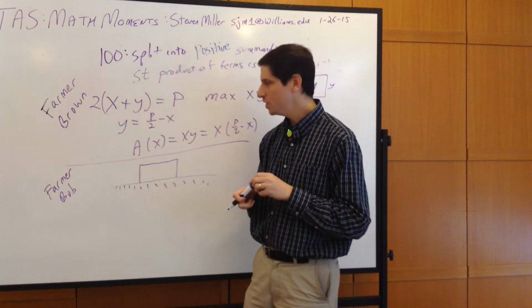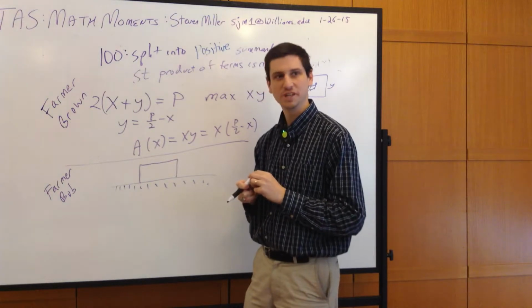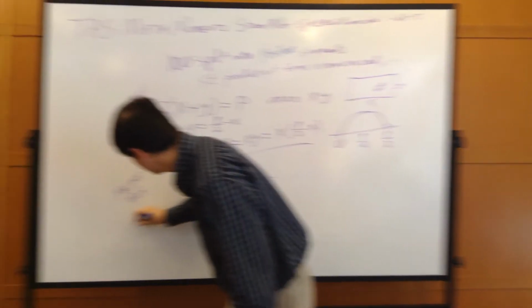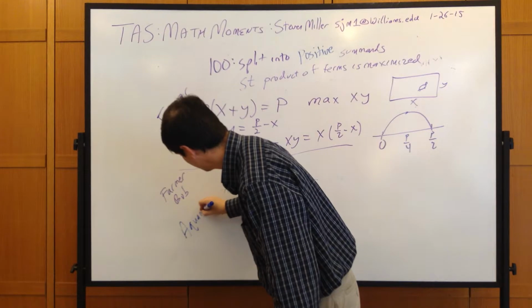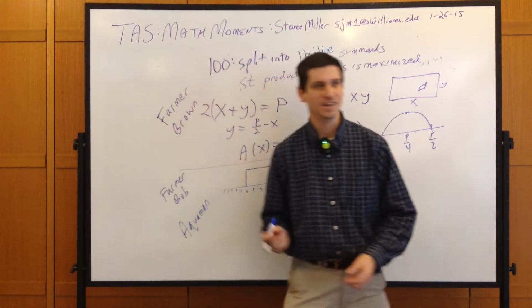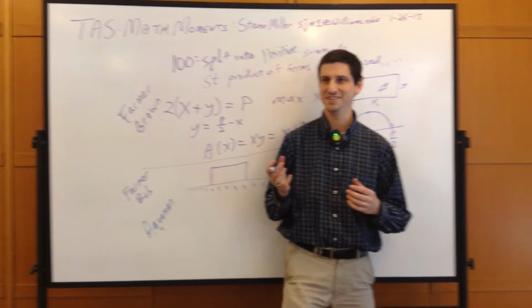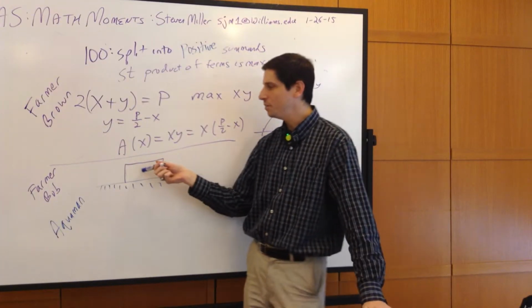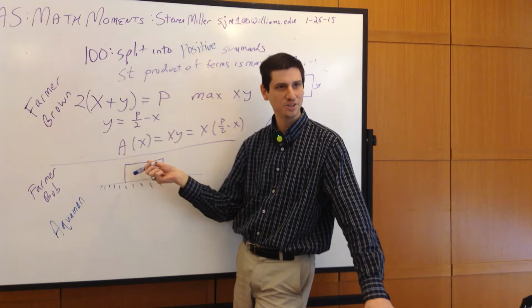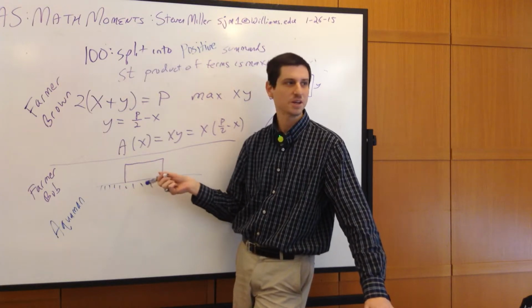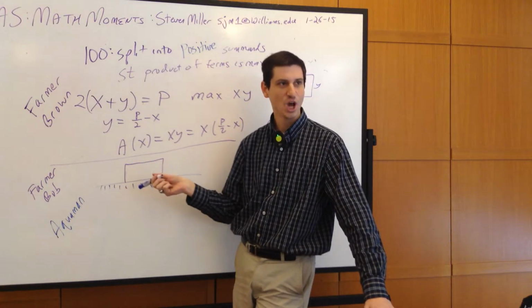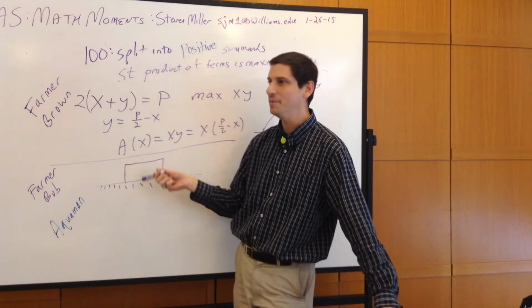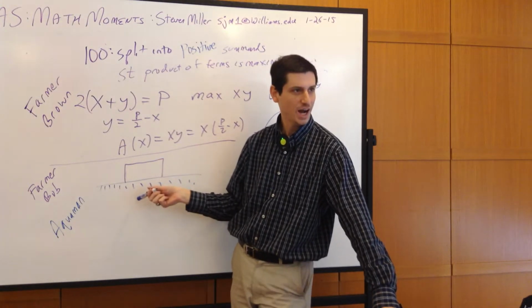So I use one of the most useless superheroes, I think: Aquaman. He can throw balls of water and talk to fish. At the same time Farmer Bob is making his rectangular pen, Aquaman is making a pen for his fish. Whatever is optimal for Farmer Bob has to be optimal for Aquaman.